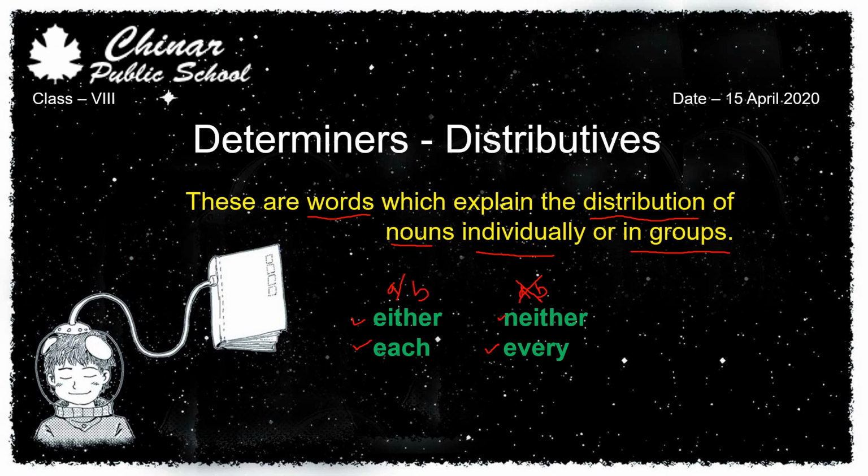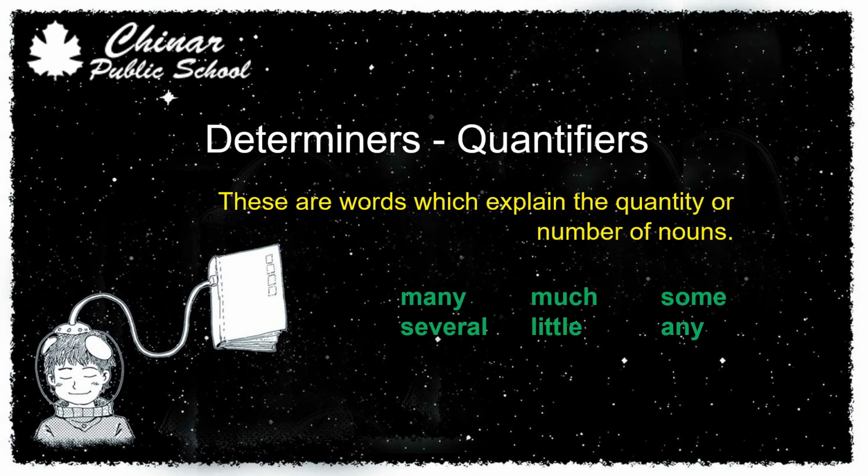So this is the way to use the distributives either, neither, and each, like each student of the class is wearing a smart dress. Every child wants a toffee. So these are examples, plus you can use any other sentence using these words, which are referred to as distributives. Hope it must be clear now.